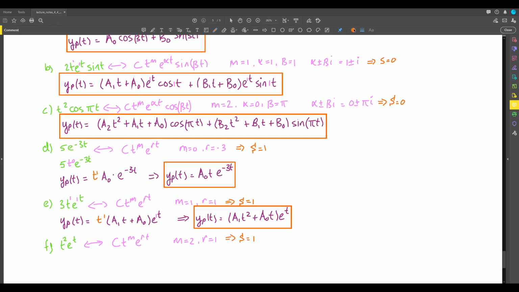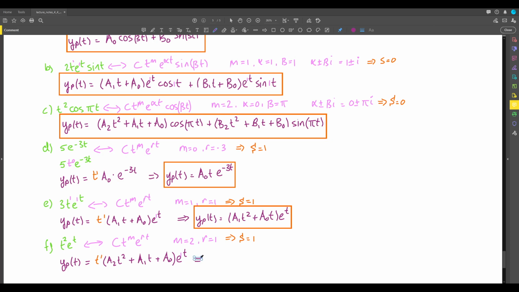And so our general solution, or the particular solution, looks as follows. Yp of t equals a polynomial with degree 2. So that's a2t squared plus a1t plus a naught times e to the power 1t, and then we have to multiply by t to the power 1, or just t.